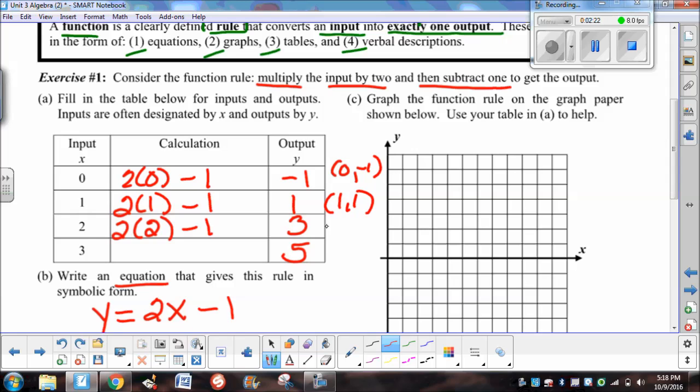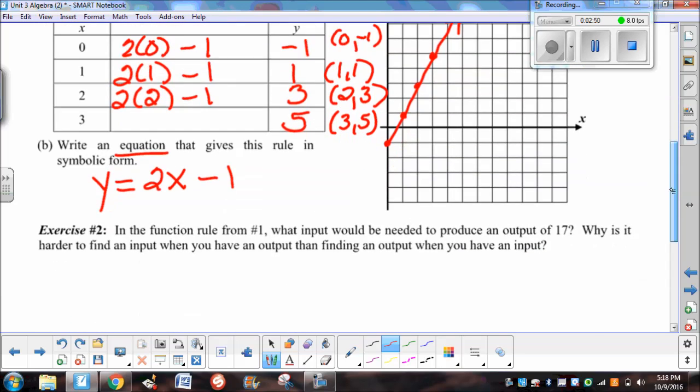We're going to plot those on this graph to the right here. 2, 3, and 3, 5. So we see something like this, and it would continue on. So there's a graph of it.